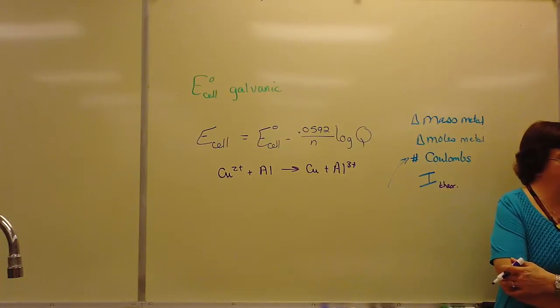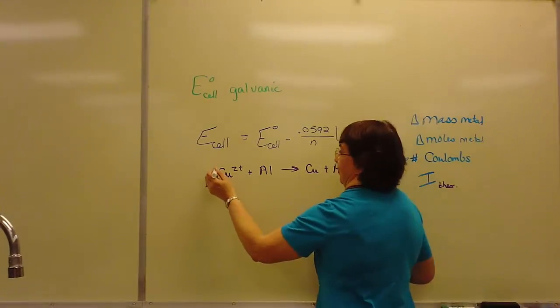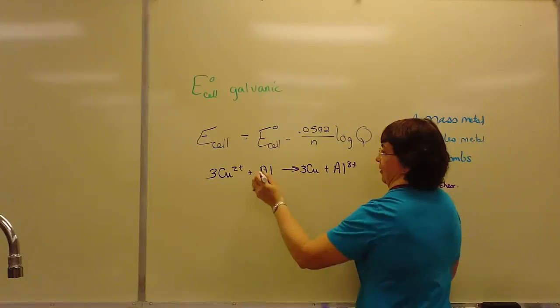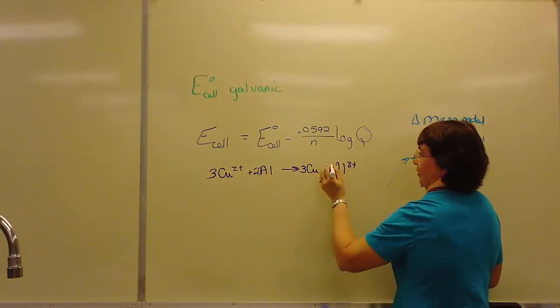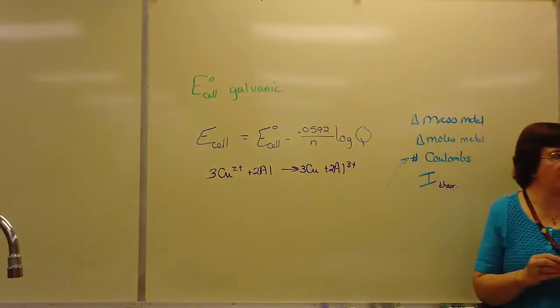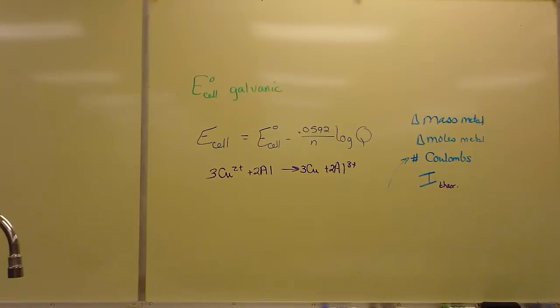Here's the proportion of copper. Rachel, help her out. You put 3 in front of Cu2+ and 3 in front of Cu, and then 2 in front of Al. Okay, when you wrote your two half reactions, Mackenzie, and you flipped the aluminum one to show that it was oxidizing, then before you added them together, you had to make sure that the electrons were the same number in each half reaction, correct?